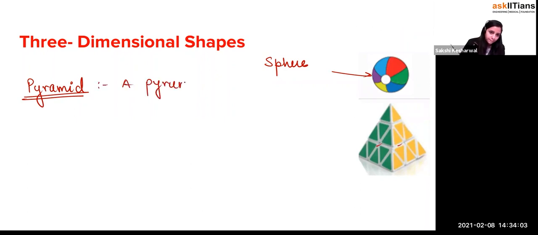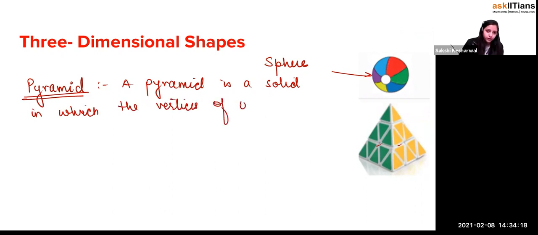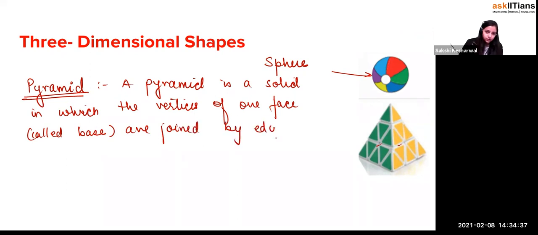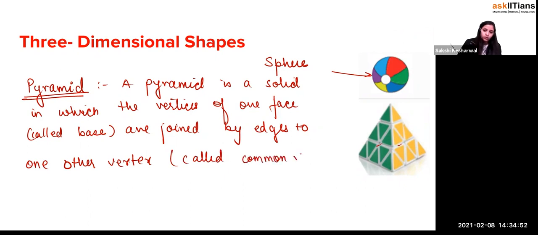A pyramid is a solid in which the vertices of one face, the vertices of one face called base, are joined by edges to one other vertex called common vertex or apex.